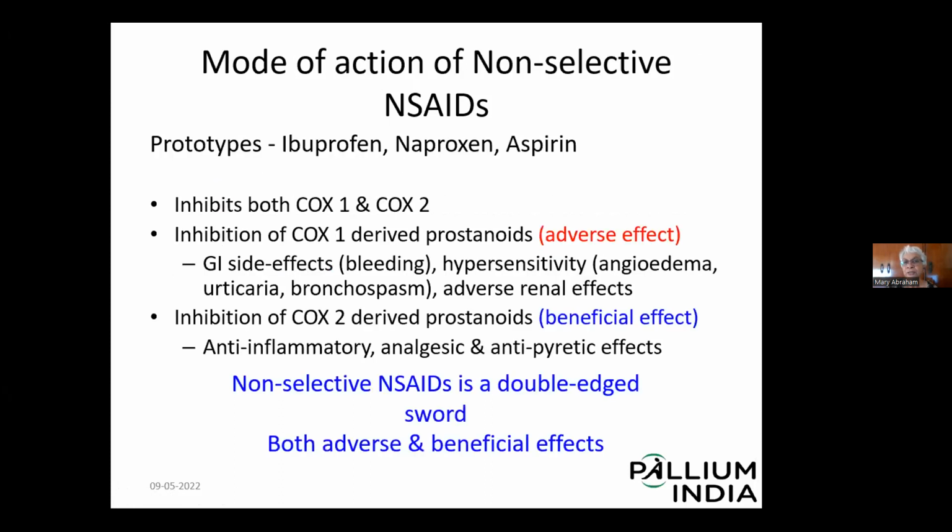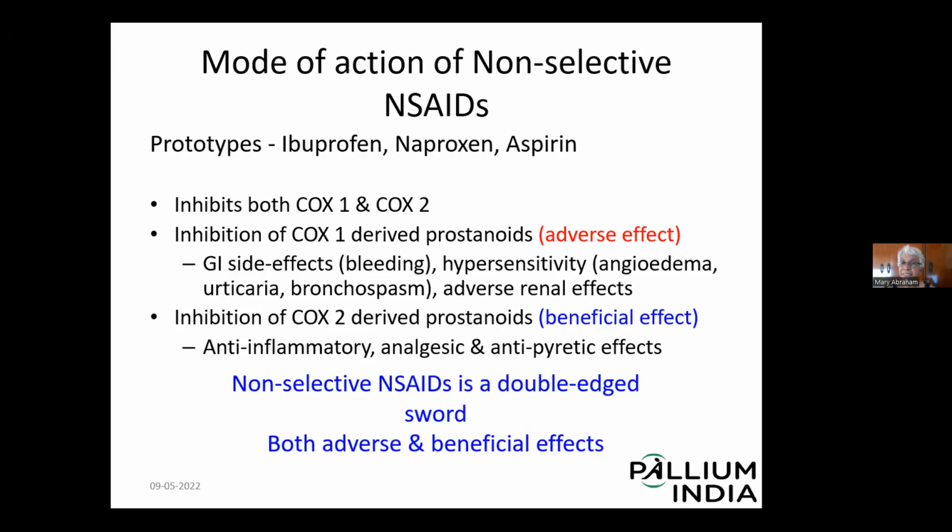So if you look at the non-selective NSAIDs, the prototypes are ibuprofen, naproxen, aspirin. There are so many of them, piroxicam and ketorolac, etc. Like I said, they inhibit both COX-1 and COX-2. By inhibiting COX-1, it is causing adverse effects. It is causing GI side effects.